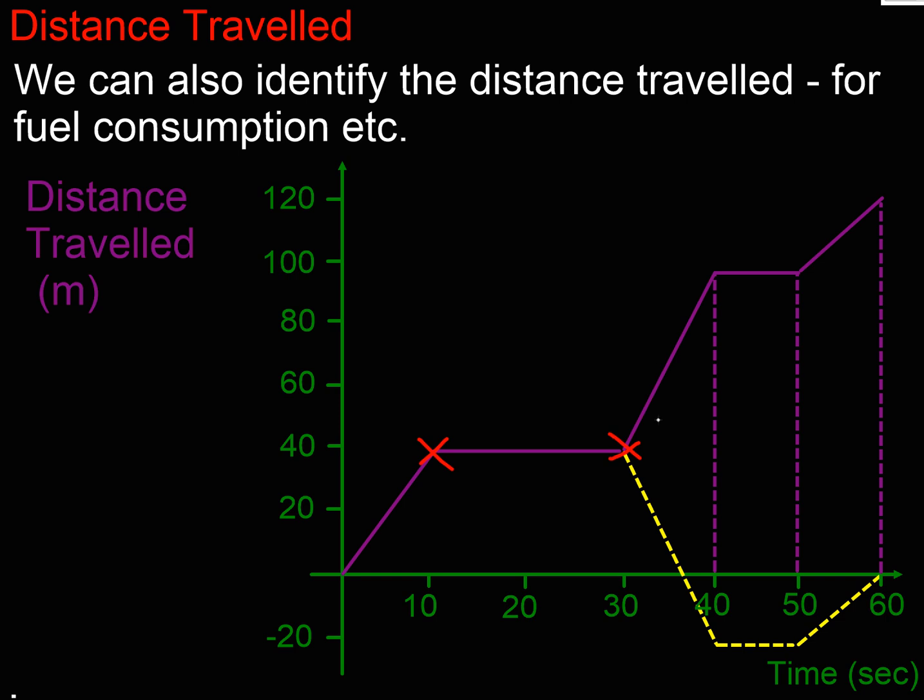So we start at 40 meters of distance we've travelled, we then travel another 60, and we add that on positively because that's all taking up fuel, isn't it? Then we stopped for 10 seconds and then we travelled another 20 meters. So there we are, we've now travelled 120 meters in our journey, and that's the fuel we would use up. So those are our three terms: displacement, distance as the scalar magnitude of displacement, and occasionally distance travelled.